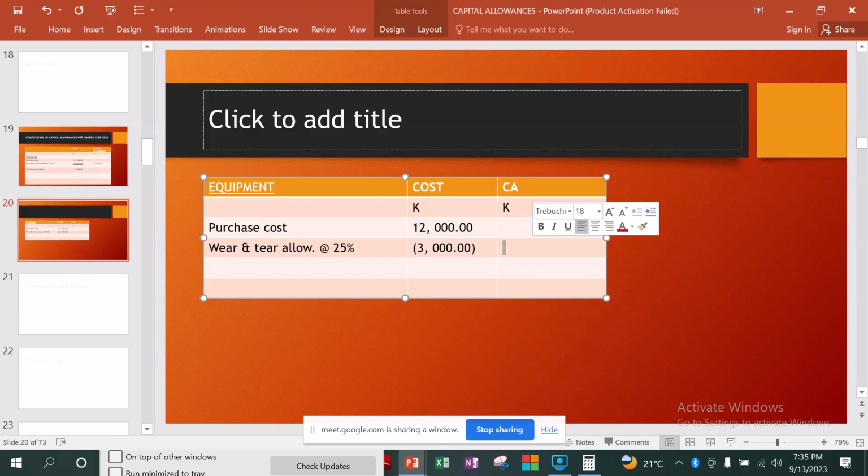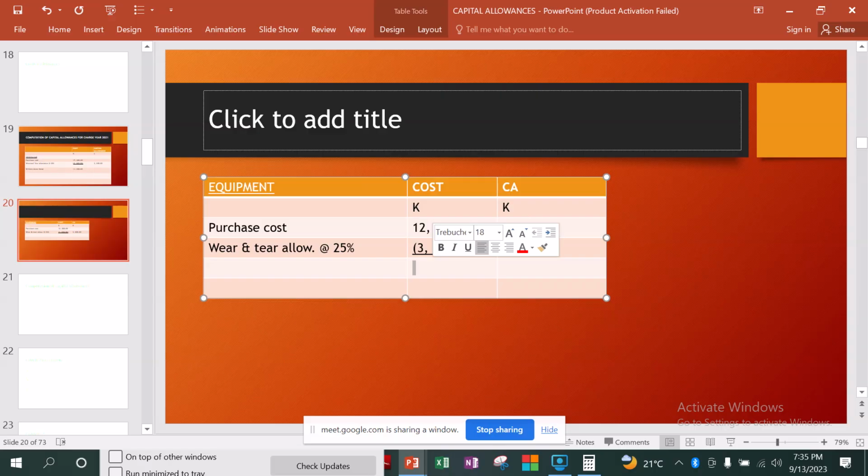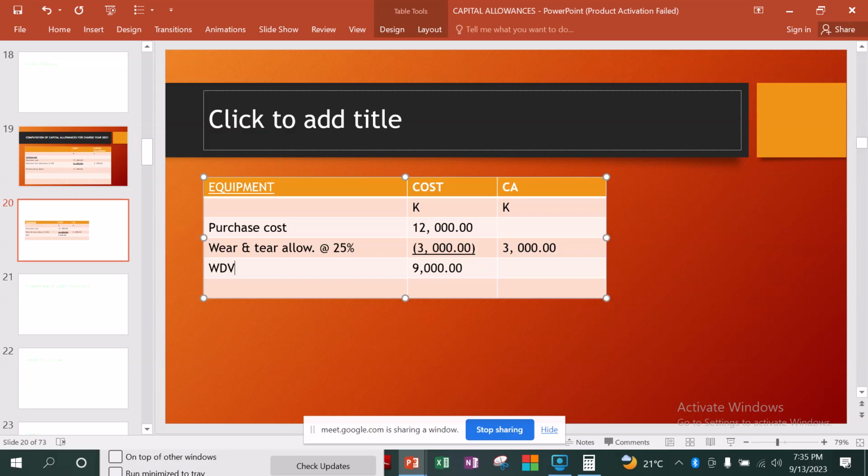Okay, so under capital allowance we register 3,000. Now with that, it means that we have to reduce it by 3,000 so that we have 9,000 remaining. Okay, that is taken to be written down value, WDV.